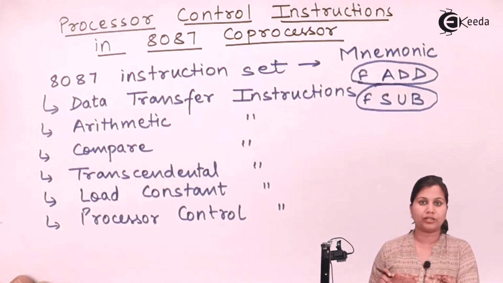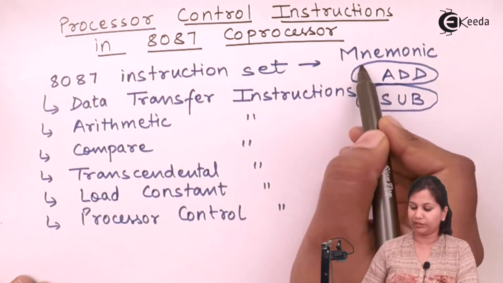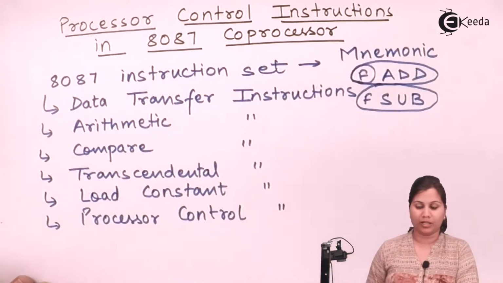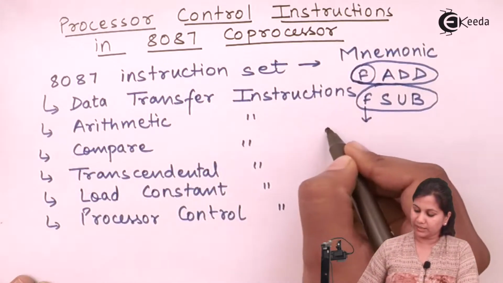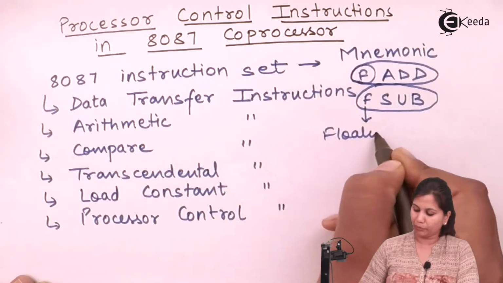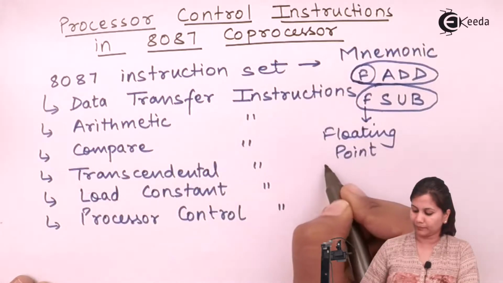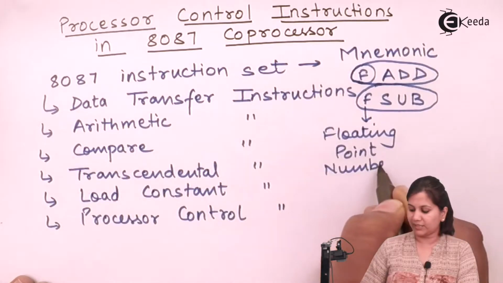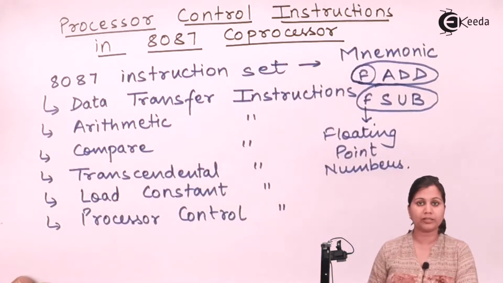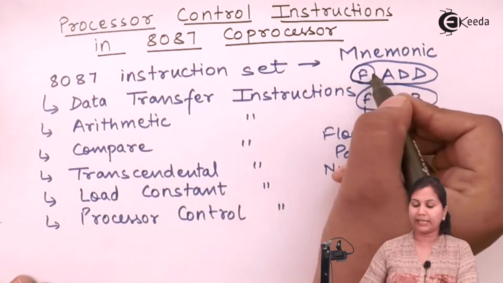Every instruction mnemonic starts with the alphabet F. This F stands for floating point numbers, because the 8087 is dealing with floating point numbers.